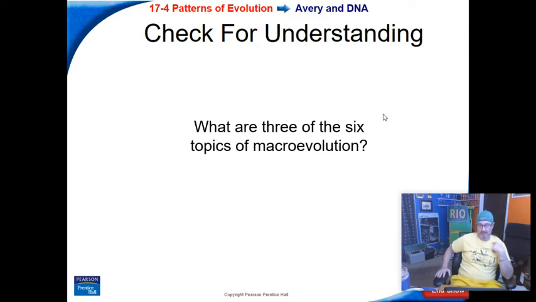Take a look back at number 35. Yeah, so we got extinction, adaptive radiation, coevolution, convergent evolution, punctuated equilibrium, changes in developmental genes. Yeah, that's it.